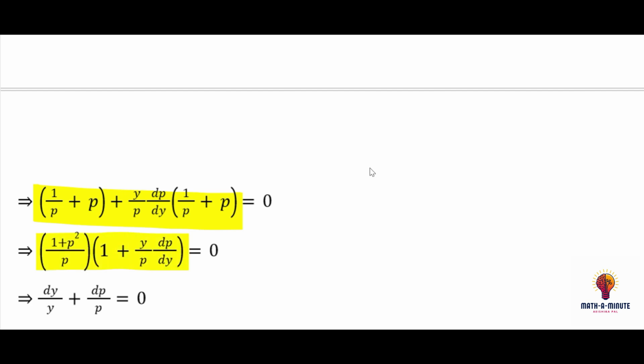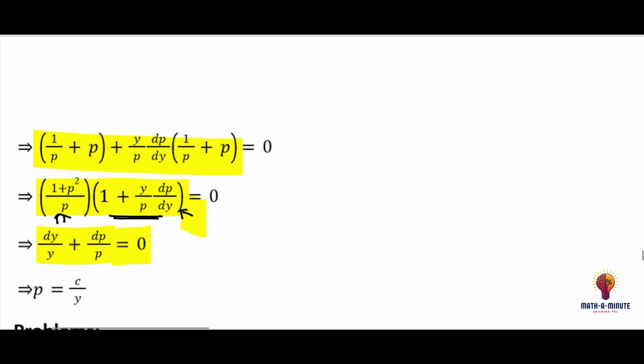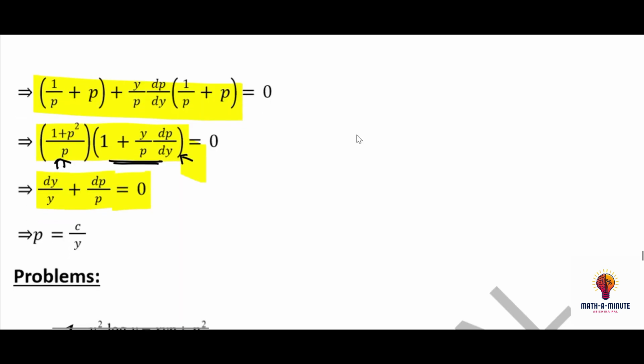Now from this equation, in the second term there is dp dy, so this part will give us the solution. Okay, we can discard this part. So this equation can be written in the form of dy by y plus dp by p equals 0. So from this equation, we have to find the value of p. I think it's very easy to solve this.